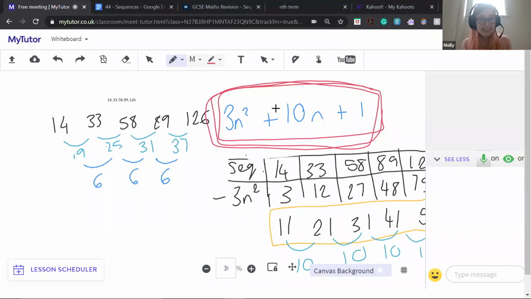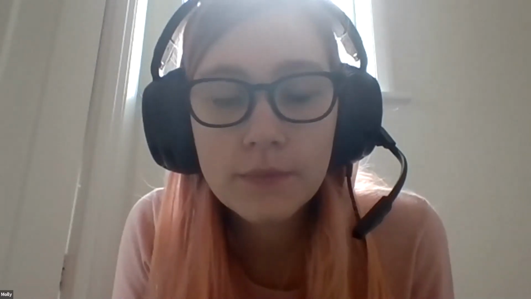Does that make sense? Let me know in the chat. It's okay if it doesn't, but I'd like to know how many people get it, how many people don't. Oops. I've done this before. I go to click on the chat and accidentally click stop share.